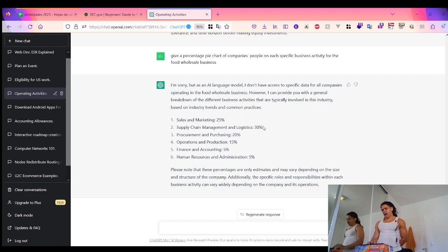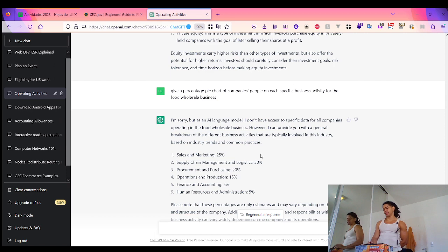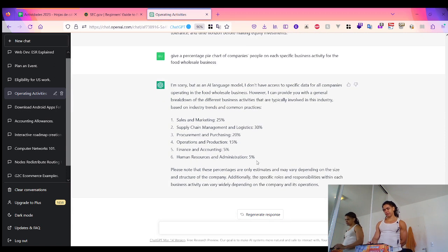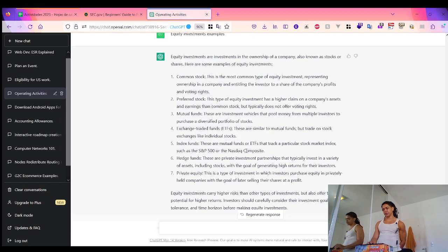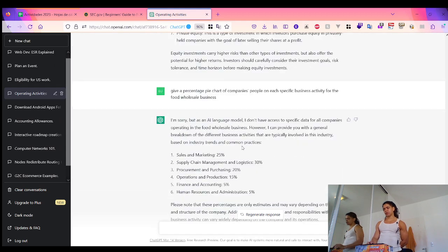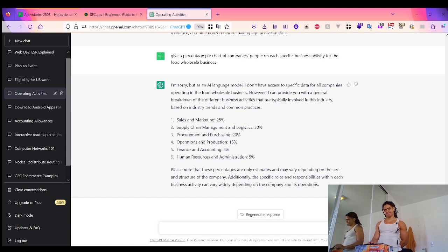Well, at least this rough estimate can give me some insights about what is the most common, or where is the most common place where you can find people.